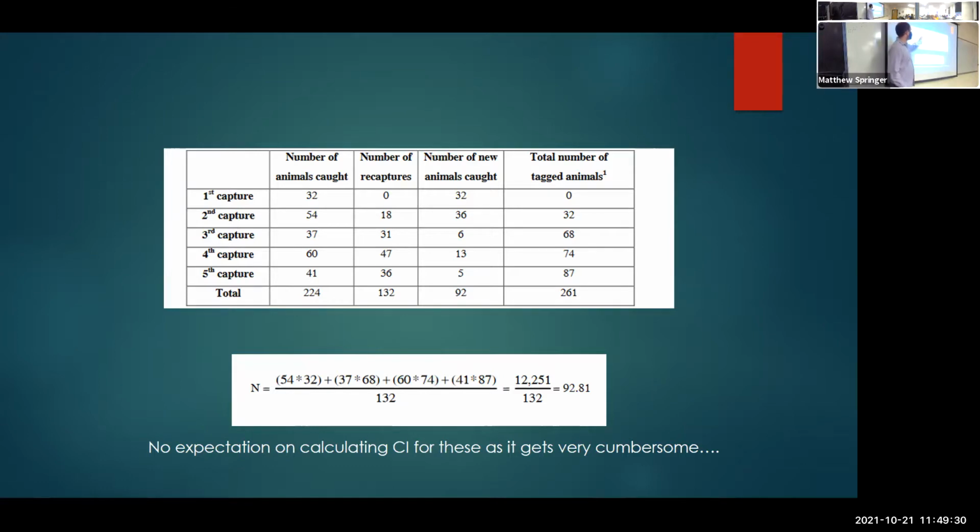It starts out, you catch 32, you have 0 recaptures because this is the first event. So you tag 32 animals. You had 0 animals available for capture. Second capture, you catch 54 animals, 18 of those were marked. If you take this number of marked population and divide it by that, does that get you to 50%?